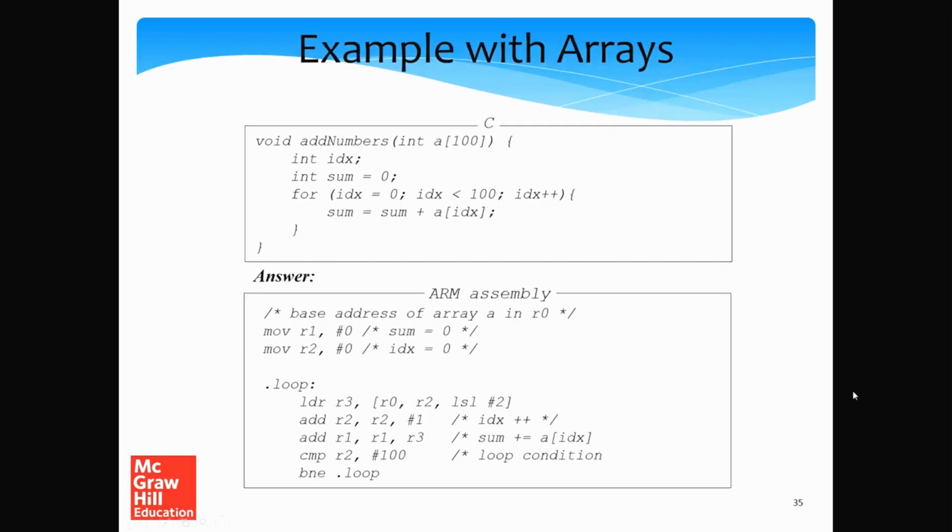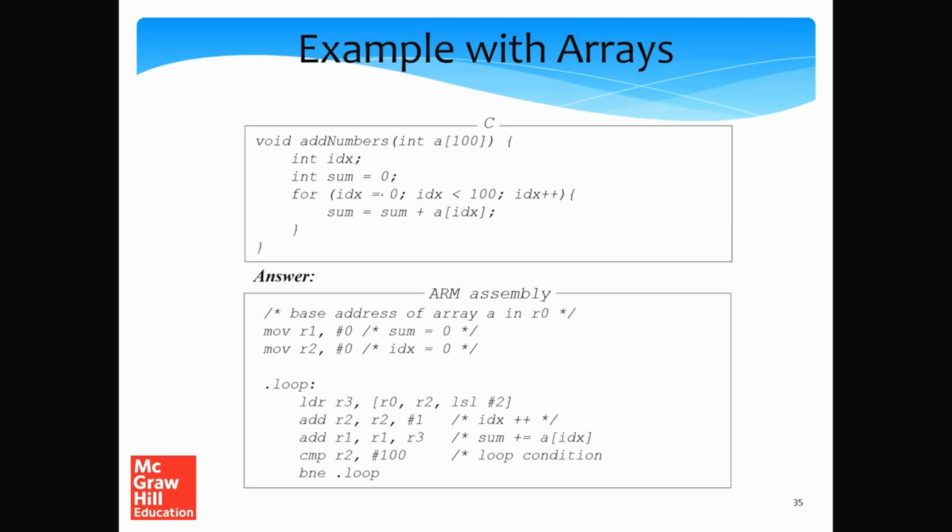As discussed in the last slide, let me explain a small example with arrays. Let's first take a look at the C program on top. The input is an array of 100 elements. We have a sum and we have an index. The idea is to add all the elements in the array.